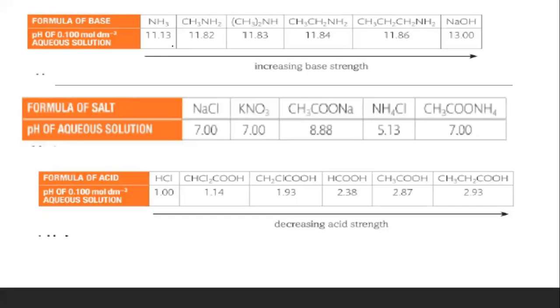Ammonia was a weak base. Sodium hydroxide on the other hand is going to be a stronger base. And over here, you can see that as the pH is increasing, the strength of the acid is decreasing. That's what you and I know, that the higher the pH, the weaker the acid is going to be. And the higher the pH, the stronger your alkali is going to be.